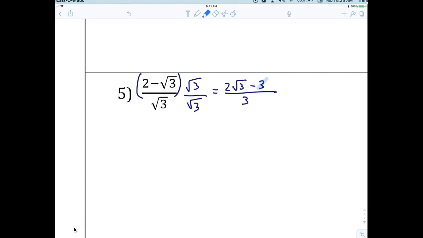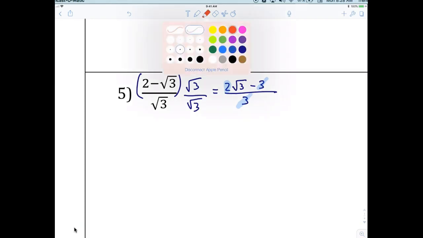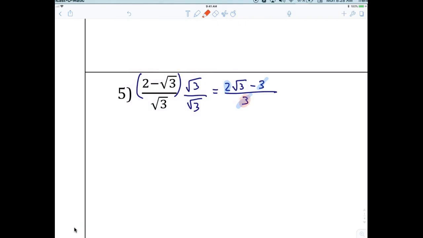Can I reduce that 3 and that 3? No, because it's bounded by addition and subtraction. If this number right here maybe would have been a 6, then you could reduce by 3. You're never going to reduce, and listen to me, a rational number and an irrational number. You can only reduce rationals with rationals and irrationals with irrationals.